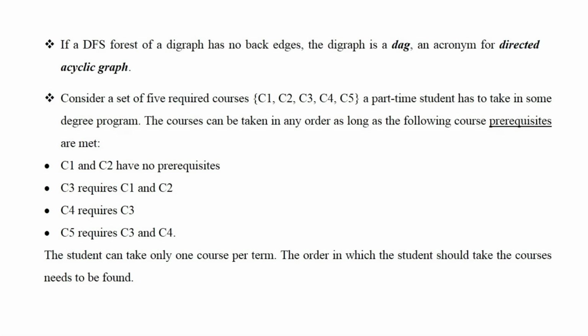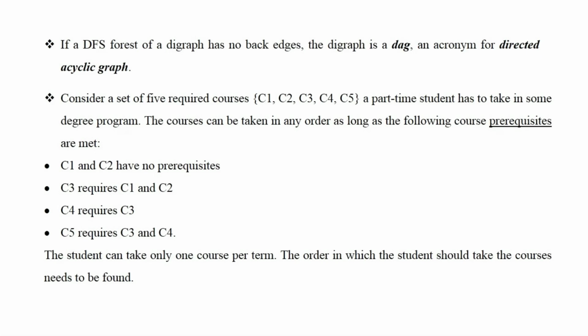So, let us see an example where we have 5 courses to be studied by a student for a particular degree program. The courses can be taken in any order provided certain prerequisites are met. Courses C1 and C2 do not have any prerequisites.